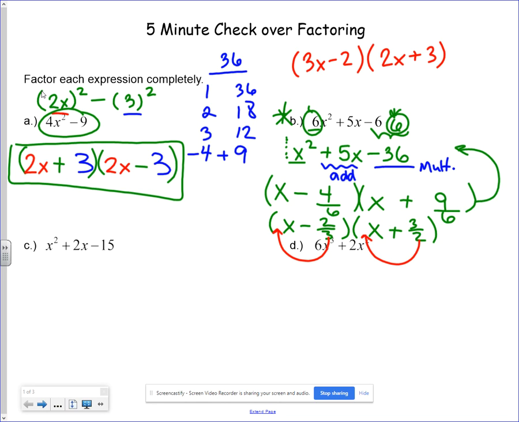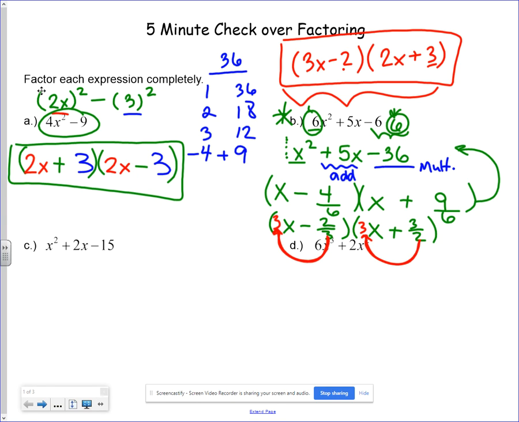So I took this 3 and moved it in front of x. So the 3 goes there, and then that just becomes negative 2. Move this 2 in front of x, and then that just becomes a 3. You can check it if you want by FOILing that out. If you FOIL this out, you should get this back: 6x squared plus 5x minus 6.